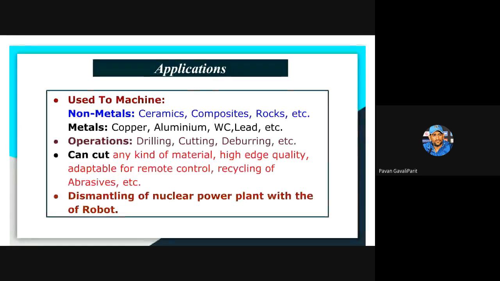So abrasive water jet cutting is useful for such applications where you can control the cutting operation with the help of the robot at a remote place.